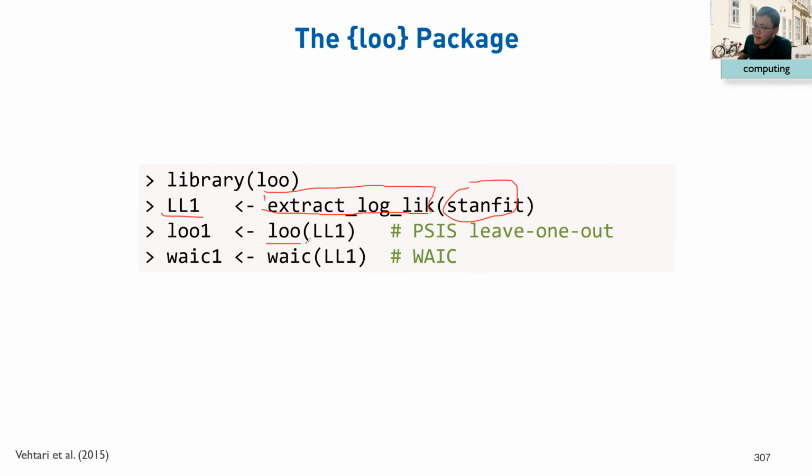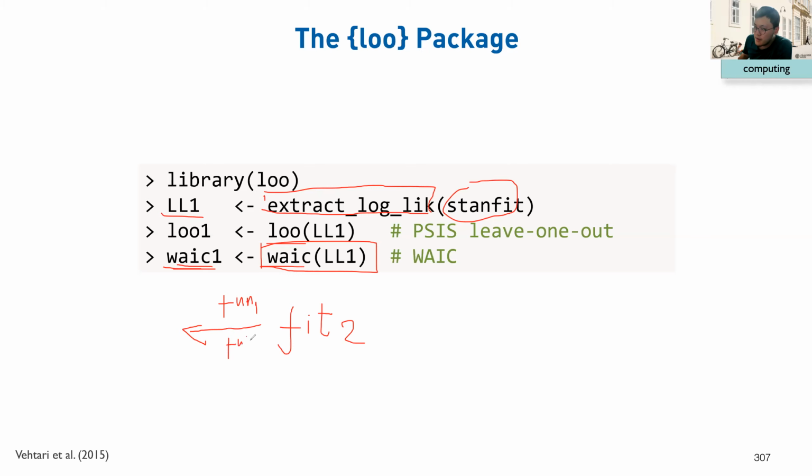And then we are applying this leave-one-out function or the WAIC function. So here we are talking about this, let's say. And then this will be our WAIC score. Okay. If we have model number 2, we will have a fit 2. We do the above procedures, then we'll be able to apply the functions for model 2.